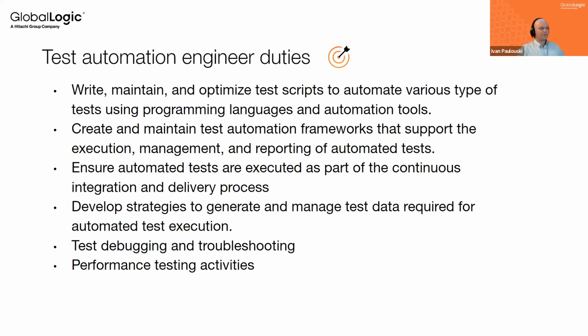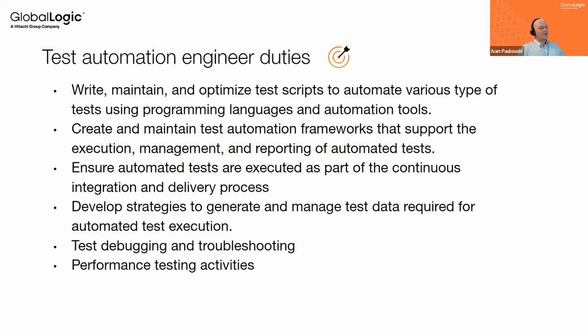So test automation is about automating part of the quality assurance process using programming languages. So you need to write these automated scripts, and you need to know how to write them well.